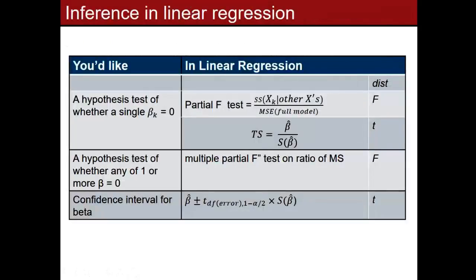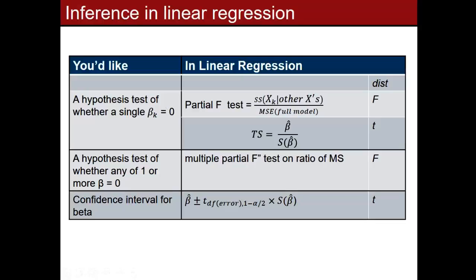But just to take a retrospective, this is what we did in linear regression. And now we're going to come up with the logistic regression versions of all this stuff. So we used to do a hypothesis test of a single beta equals 0. A moment ago we talked about 1; that was for the odds ratio.